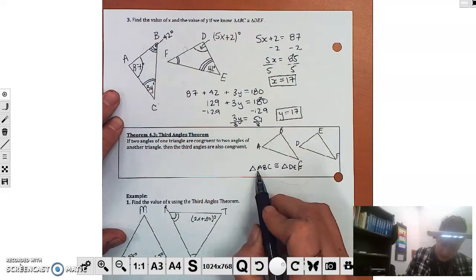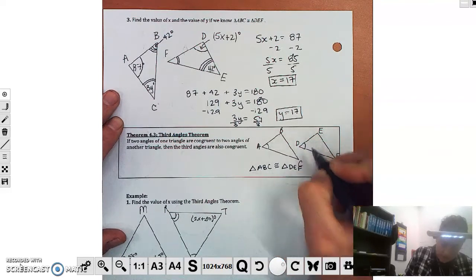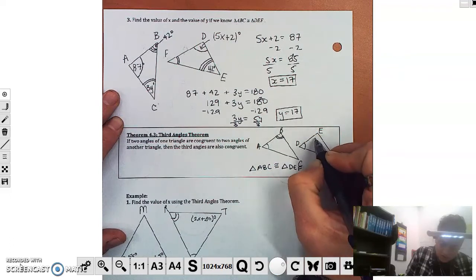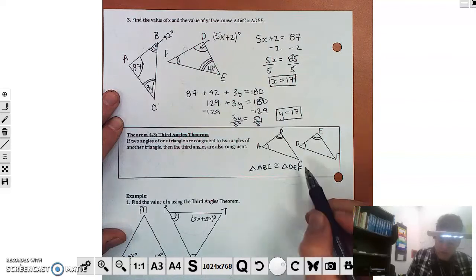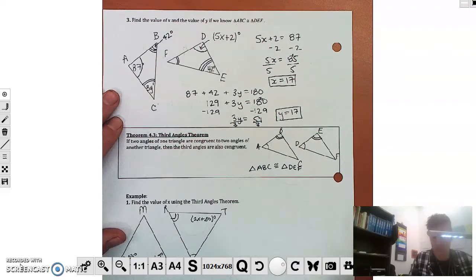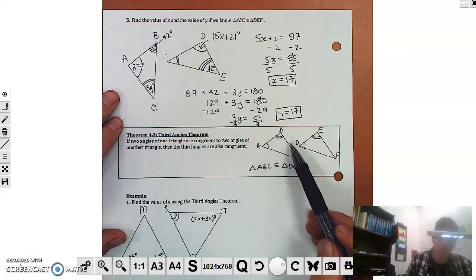This means A and D are congruent. B and E are congruent. So by default, C and F must be congruent. There is no other way, because they all have to add up to 180.